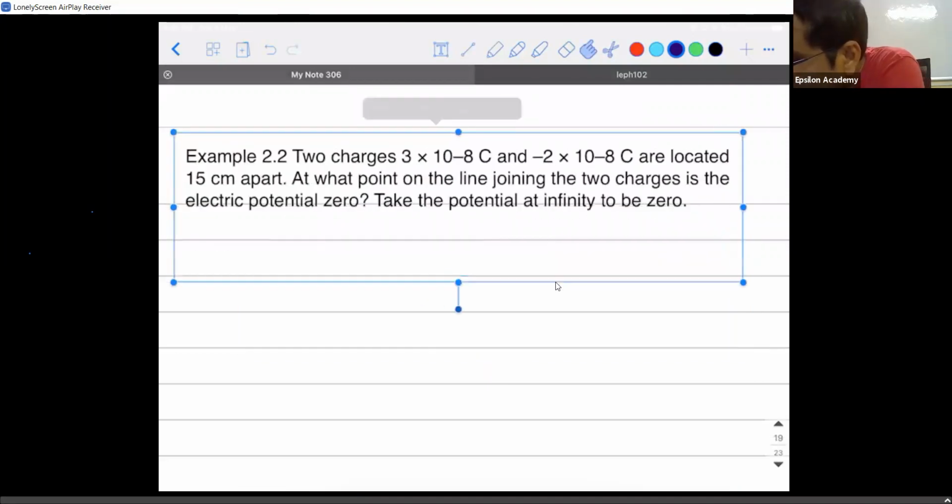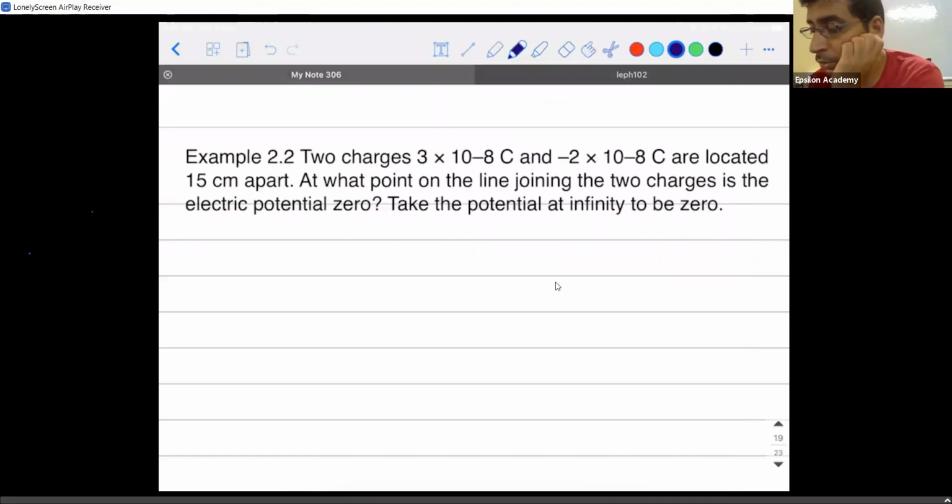So two charges are located 15 centimeter apart. 3 into 10 power minus 8 coulomb and minus 2 into 10 power minus 8 coulomb, they are located 15 centimeter apart, correct?